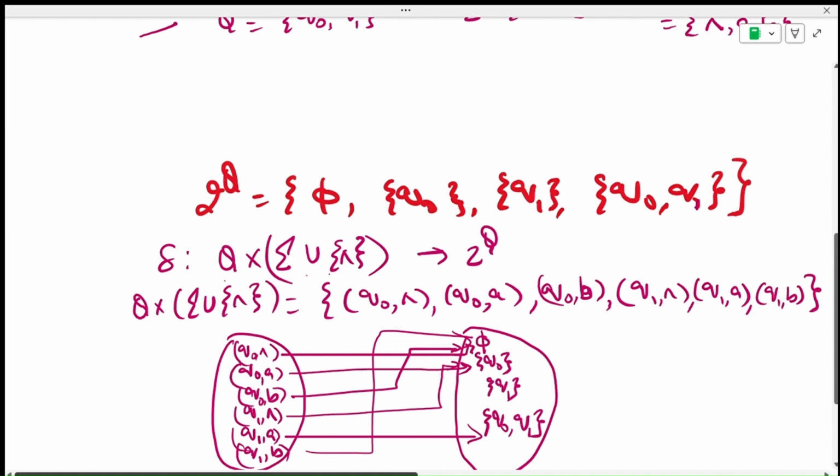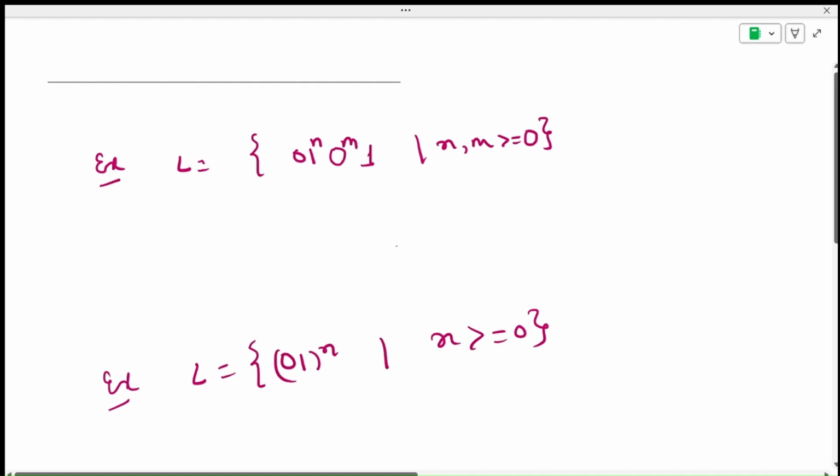While we have this option of reading a null and moving from one state to another state, let me take an example. Suppose we have a language L, any language, 0 followed by 1 raised to the power n, 0 raised to the power m followed by 1.